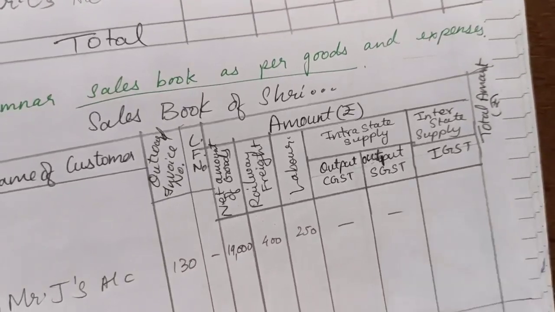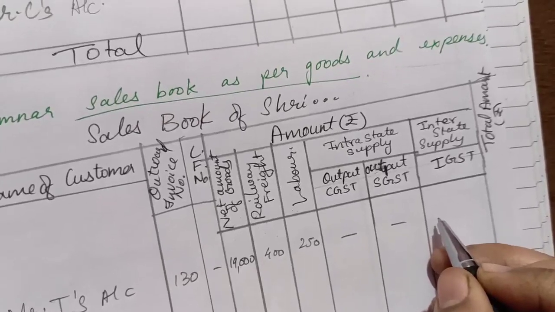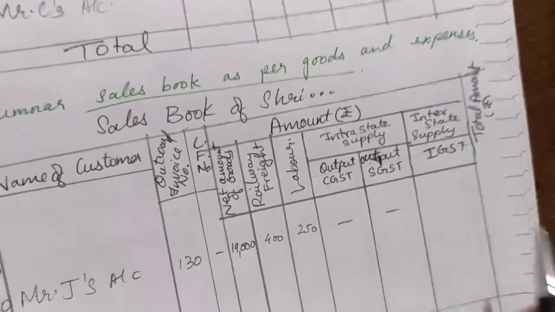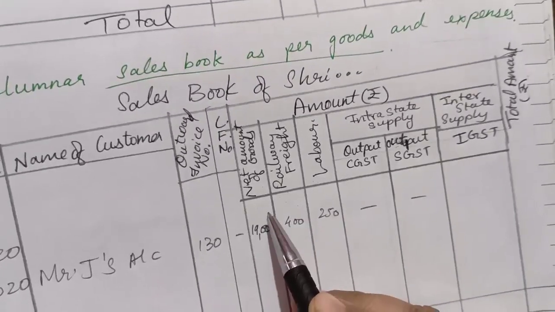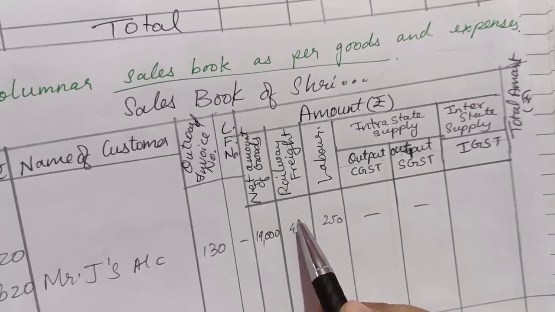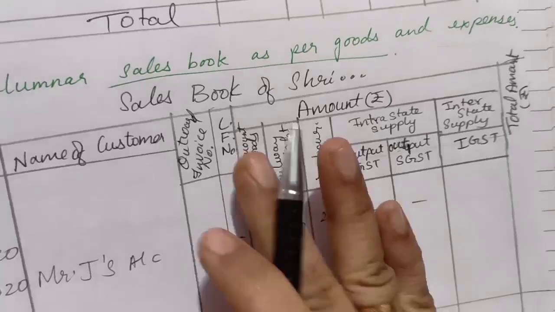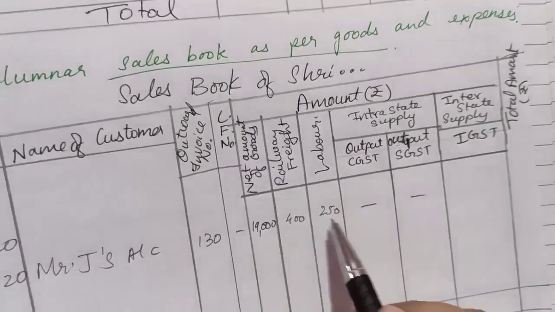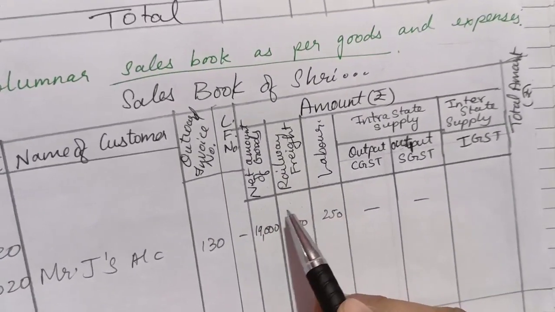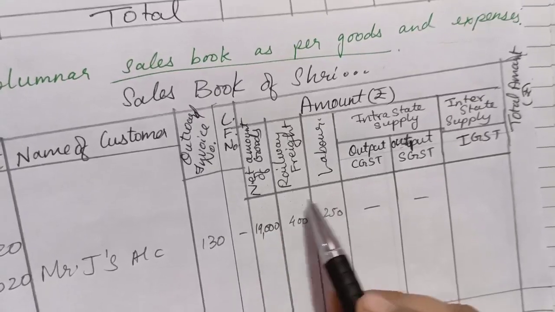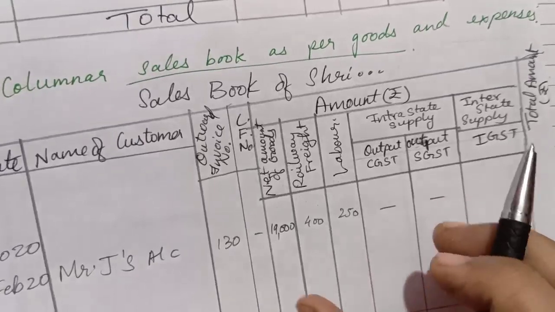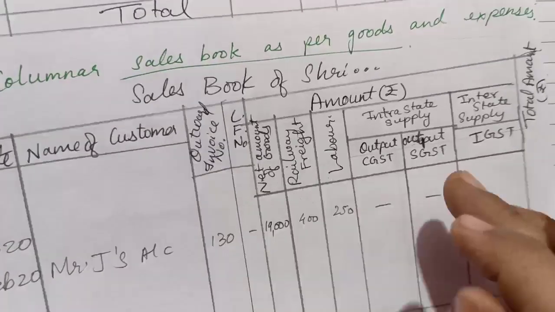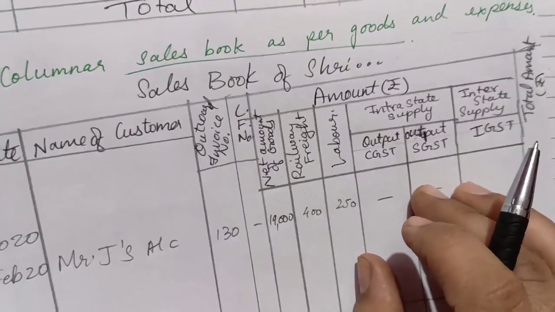Fine, so don't worry. So the IGST is 12% and this 12% is to be calculated on the total of the net amount of goods, railway freight and labor, not the net amount of goods only. You need to make the addition of all these three: the net amount of goods, the railway freight and labor. And on the resulting amount, you need to calculate 12% IGST.